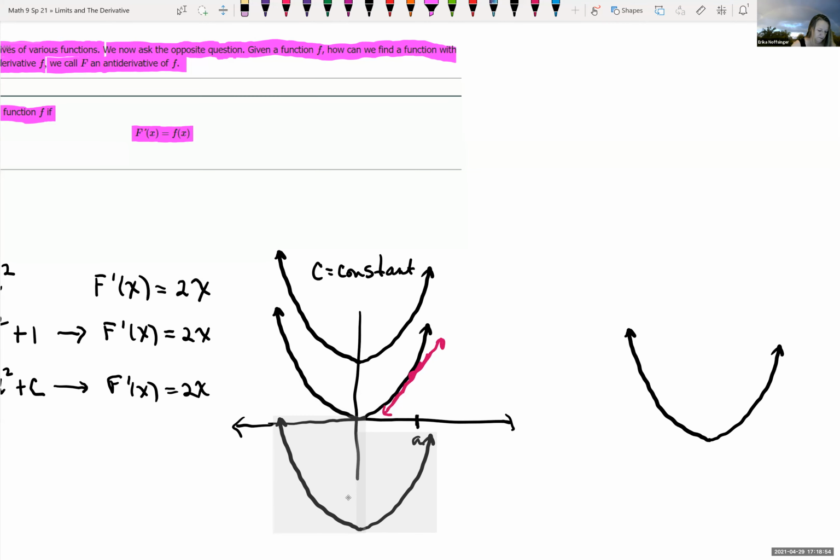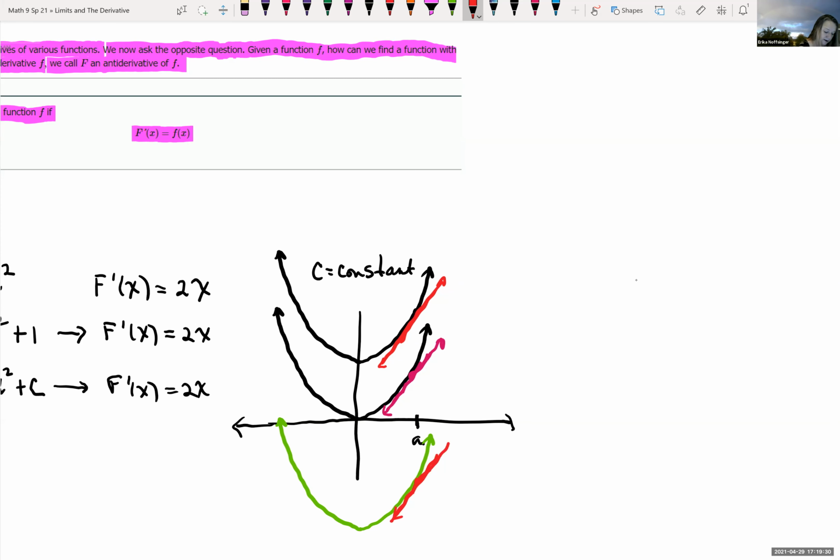If I look at x equals a and go up above, I can see that it's the same slope at x equals a, which is the same slope down here at x equals a.